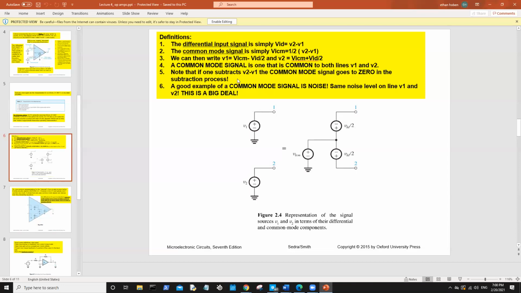It's just the difference between V1 and V2, your inverting and non-inverting inputs. Common mode is a little sketchier. It's 1/2 of that. The book defines the common mode as 1/2 (V1 plus V2), which to me just means you take the average of the two.